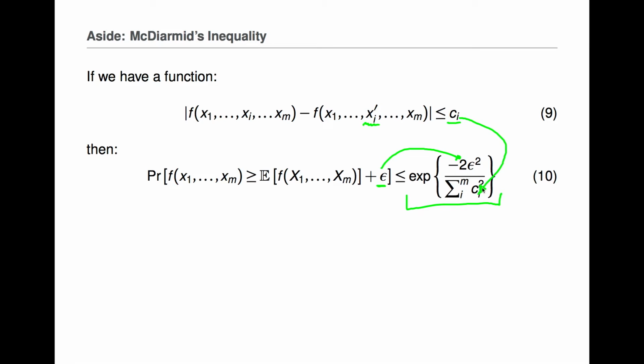Any perturbation of an individual element doesn't move it too much, the whole thing won't change. And the bigger epsilon is, the lower the probability that this inequality will be violated.